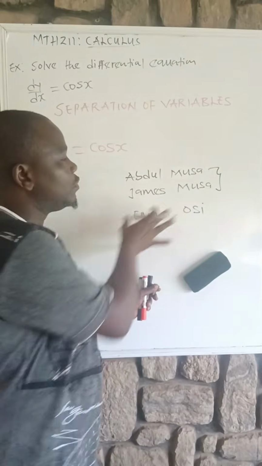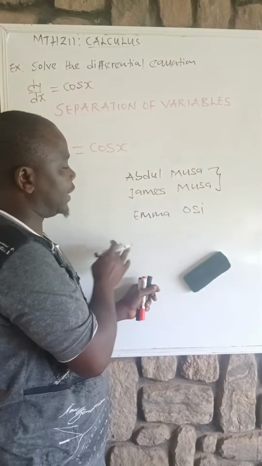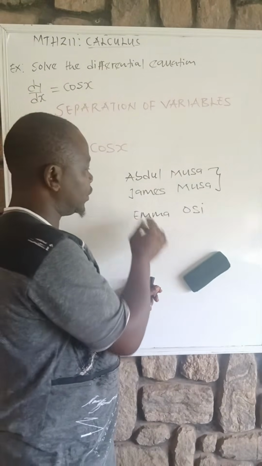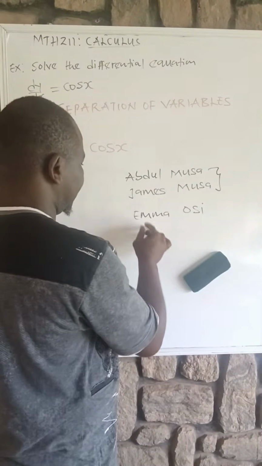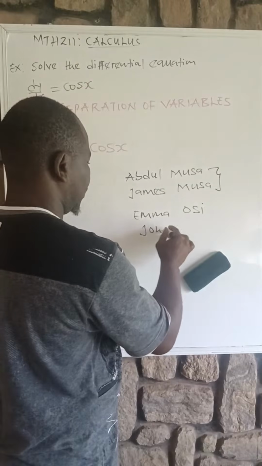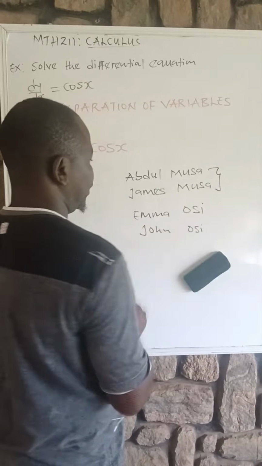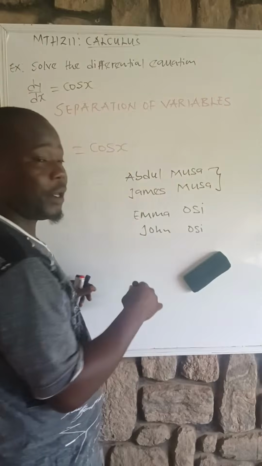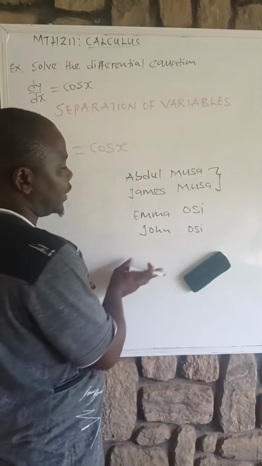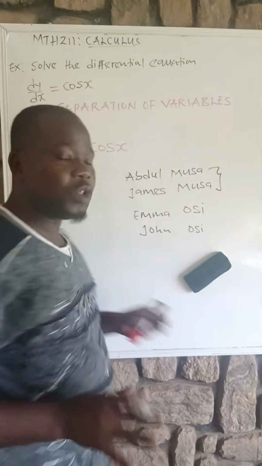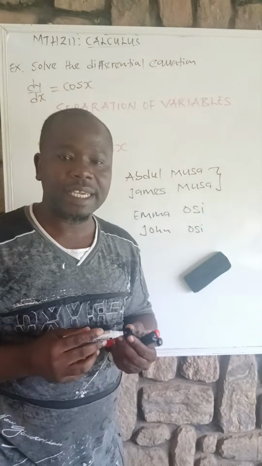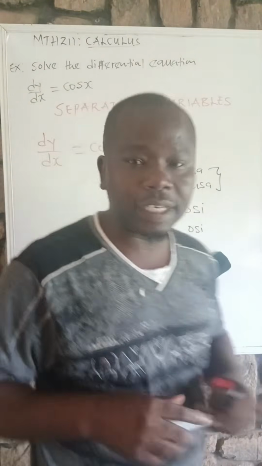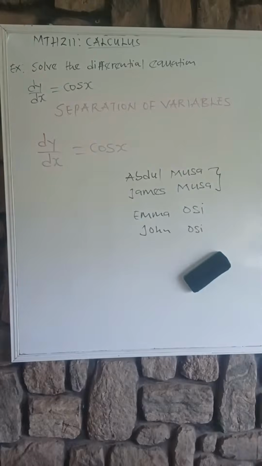So it means they will be on the same side, while this one, like John Osi, will be on the other side. You group them together. That is where you will be able to integrate. Do you understand what I'm trying to say?